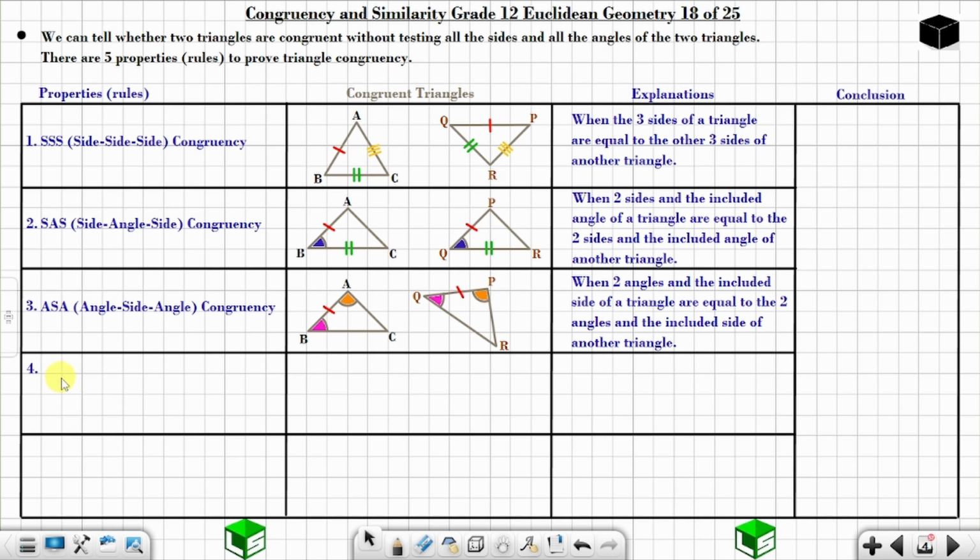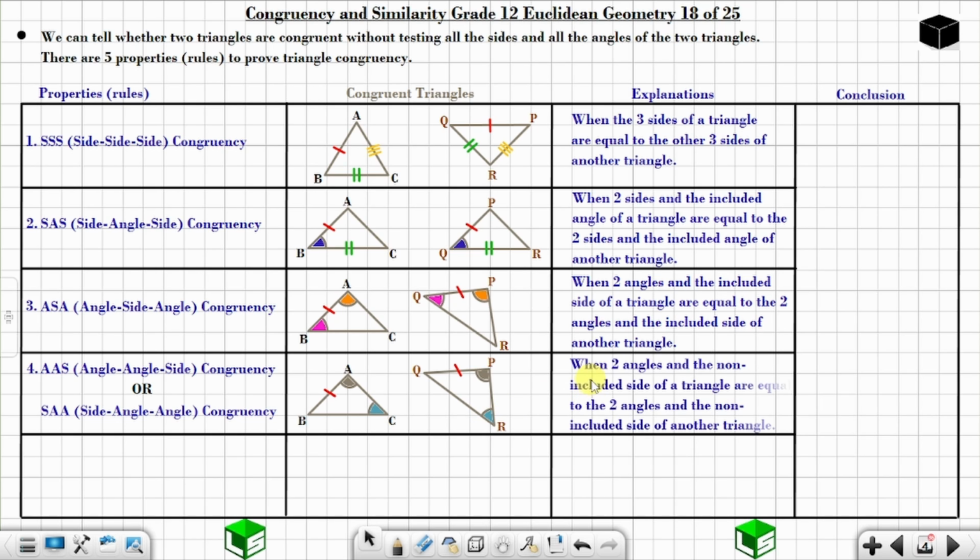The fourth property, which is angle angle side. Angle angle side congruence property, or this can be written as side angle angle. Okay, so this is the same. So you have something like this: angle angle side, or side angle angle.